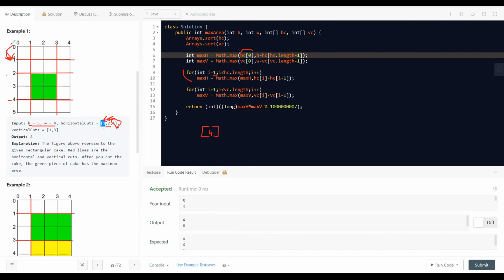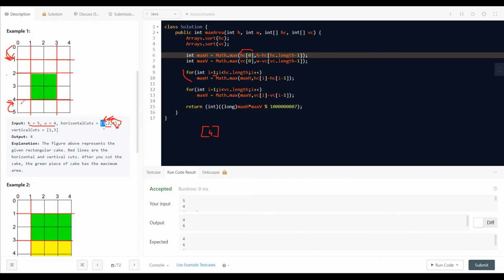And height is 5. So what we are trying to do with height minus AC of AC length minus 1 is find the distance between the end of the cake, where we don't have a cut because it's already the end, and the last cut we have.